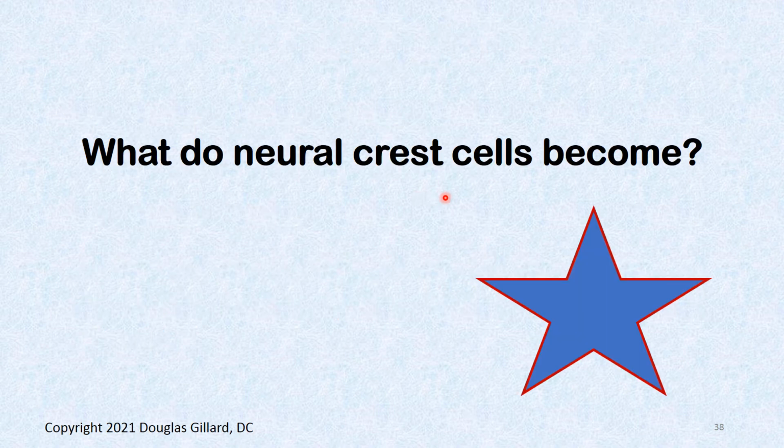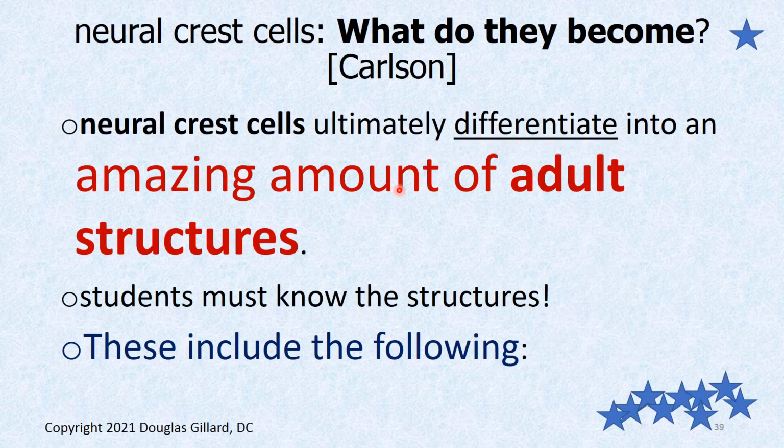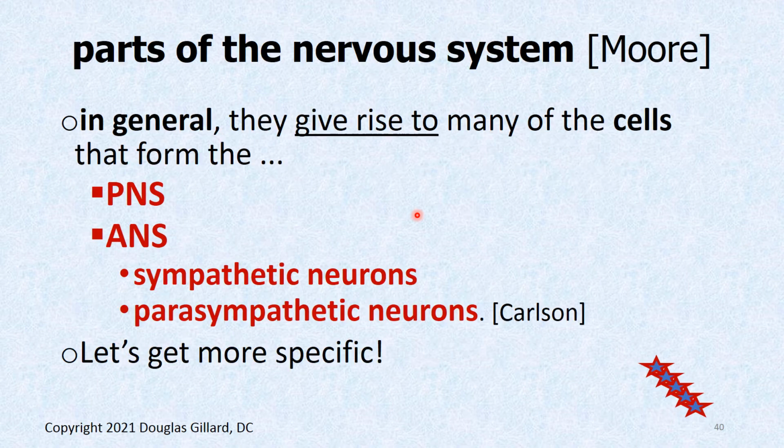All right, big star here. If you're prepping for boards, you don't have time, this is the stuff that you have to know. What do neural crest cells become? An amazing amount of tissue. I always think, well, they came from neuroectoderm, so it's going to be neural tissue, and that's pretty much true. Most of the neural tissue comes from these NCC cells, neural crest cells.